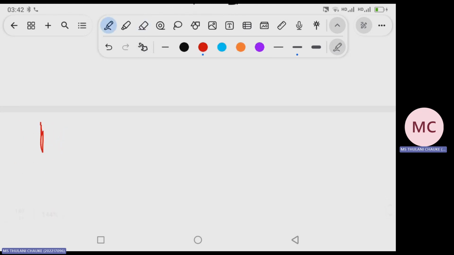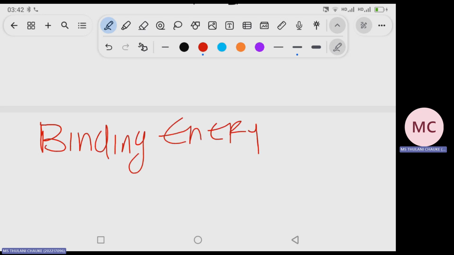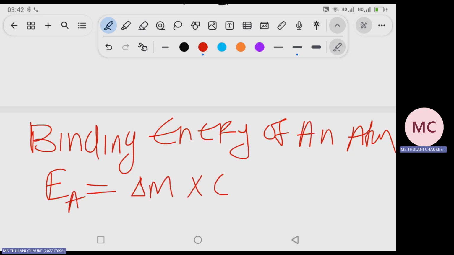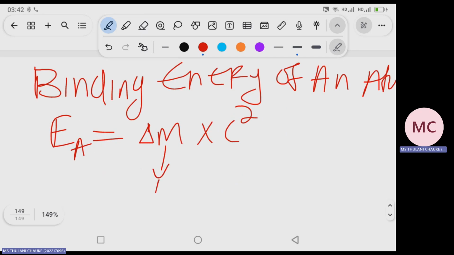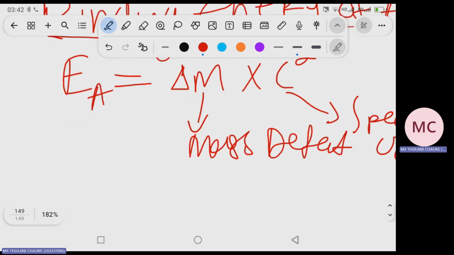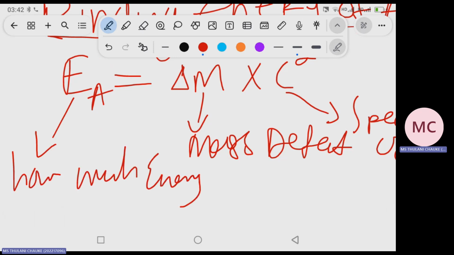We're talking about the energy in the nucleus. It's equal to change in m multiplied by c squared, whereby this one is what we call the mass defect, and this one is the speed of light. This formula is used to calculate how much energy is in the nucleus.